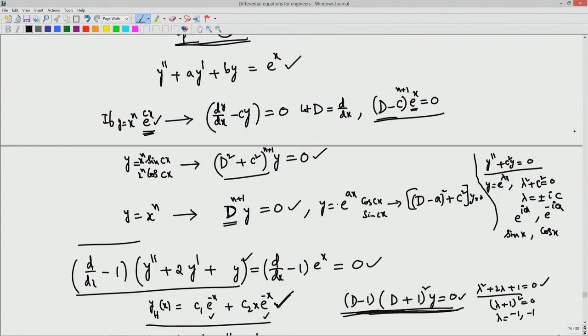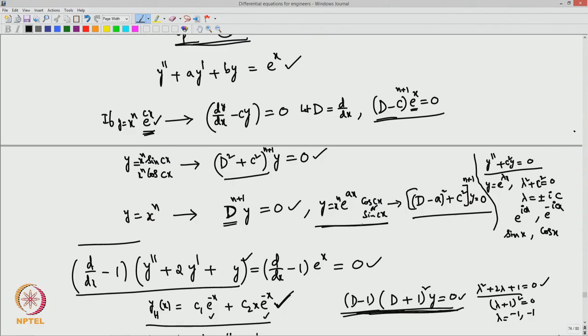And this is because x power 0 is here, so the power is 1. So if x power n is here, you have to take this one. This is your annihilator that makes the right hand side 0. If your y is this general combination, x power n, e power ax, cos cx or sin cx, then this is the form.